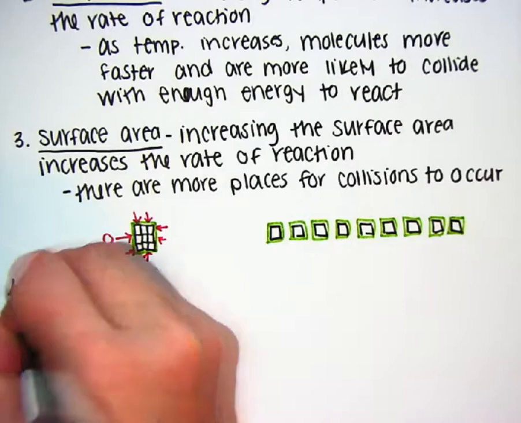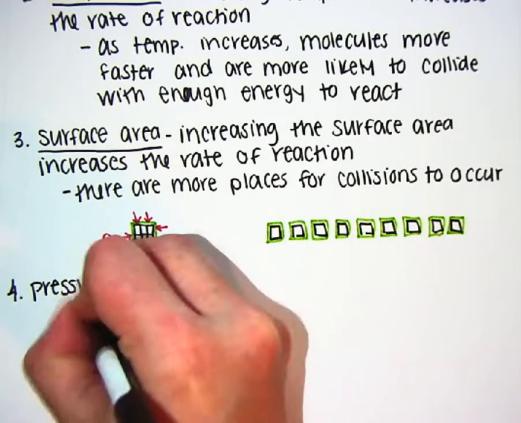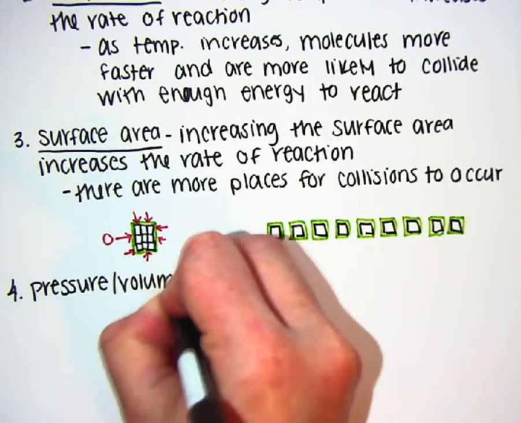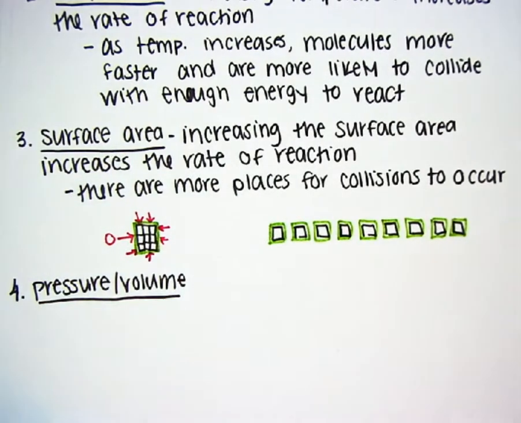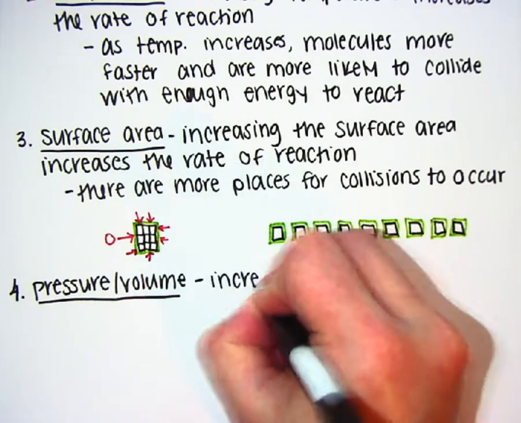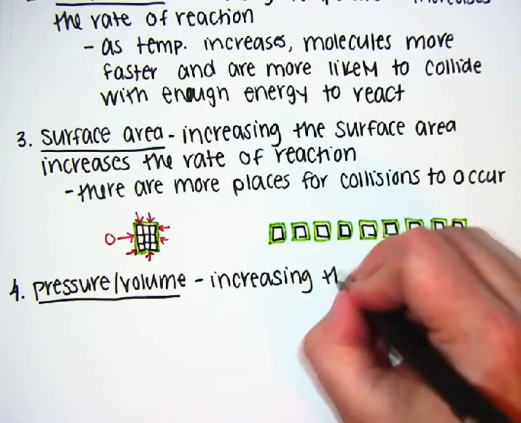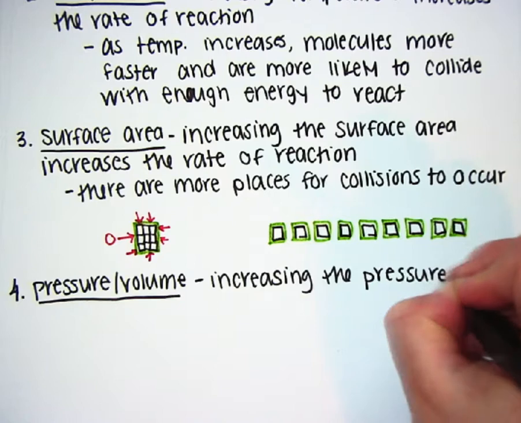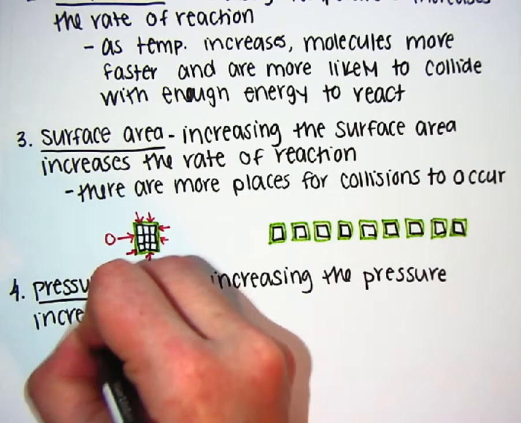All right, 5 factors, 2 to go. We can also change the rate of reaction by altering the pressure or volume. And again, it is a direct relationship when talking about pressure. Increasing the pressure increases the rate of reaction.